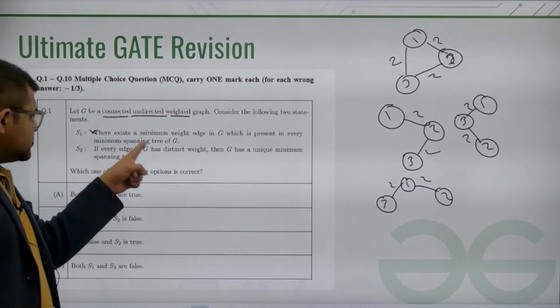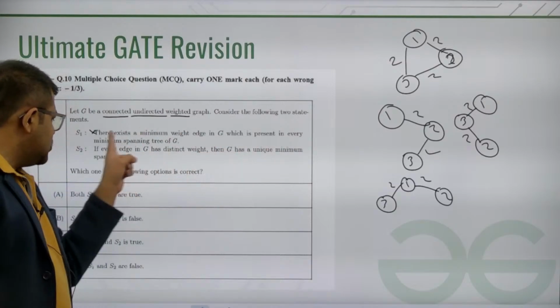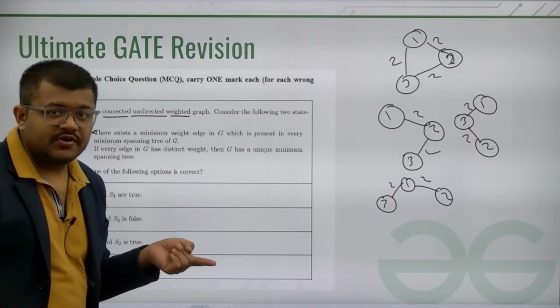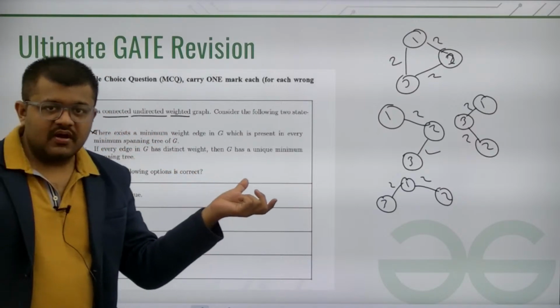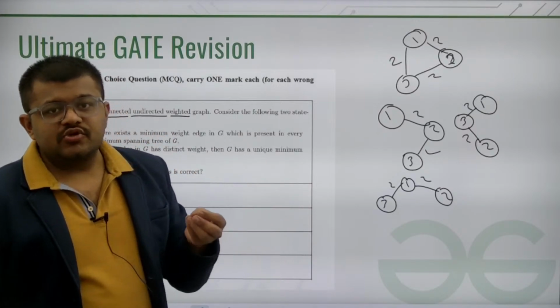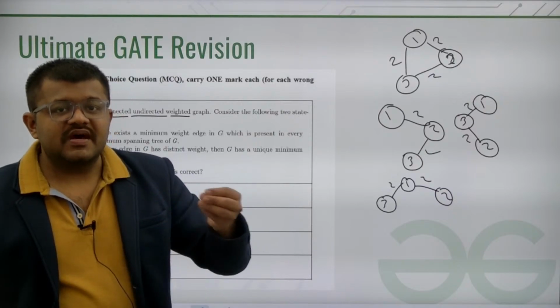S2: If every edge in G has distinct weight, then G has a unique minimum spanning tree. Obviously true. Why? Because if the edge weights are distinct, then you will select the edges whose weights are minimum.